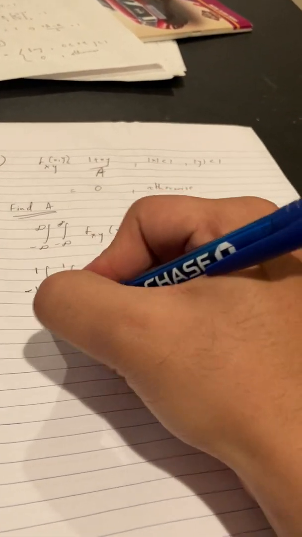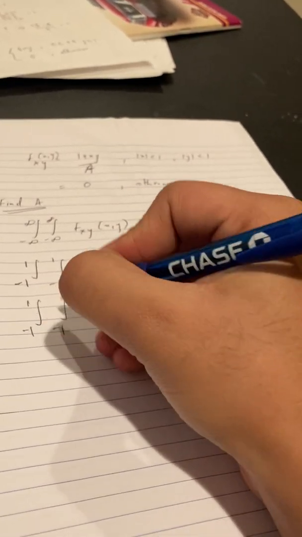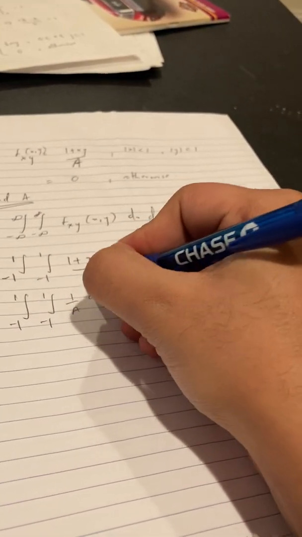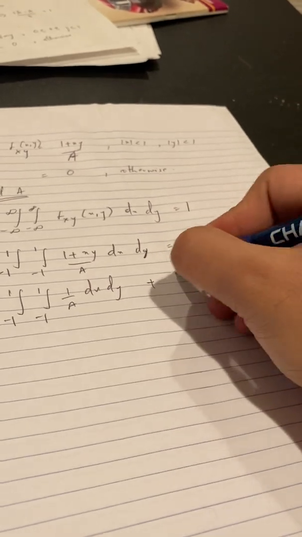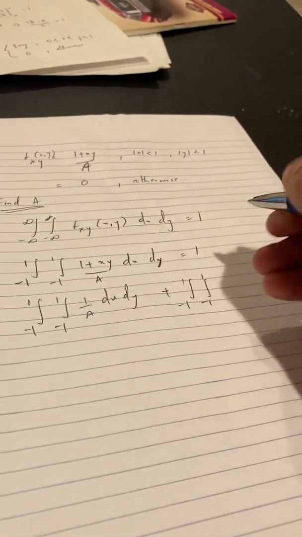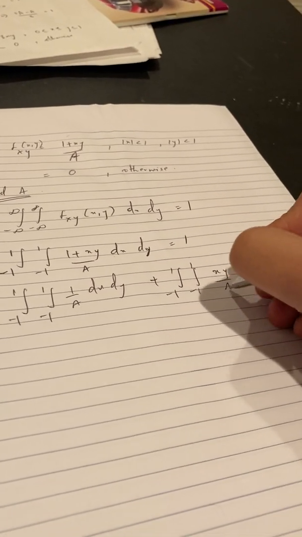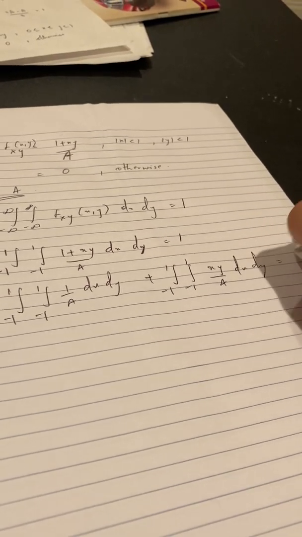So it is the integral from minus 1 to 1, integral from minus 1 to 1, of 1 by a dx dy, plus the integral from minus 1 to 1, minus 1 to 1, of xy by a dx dy, equal to 1.